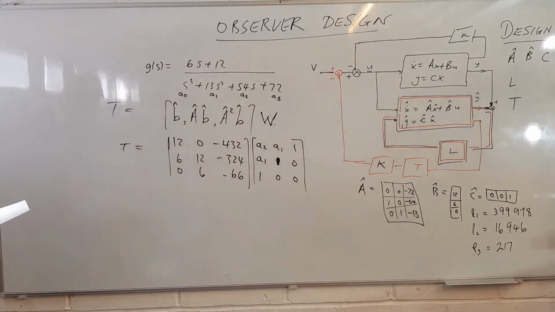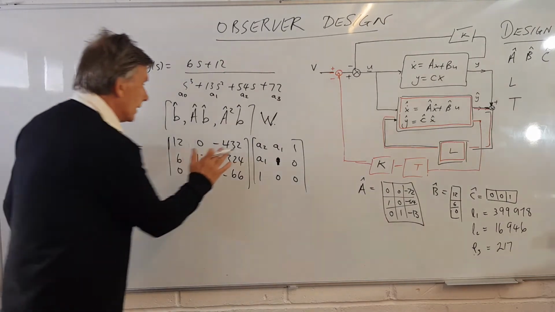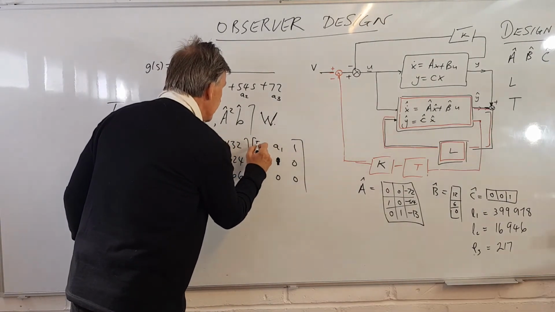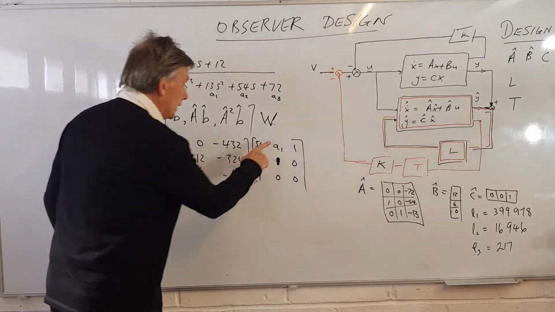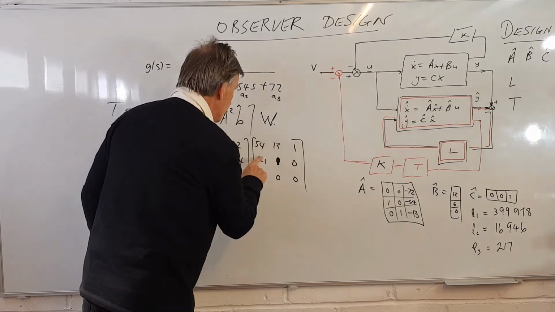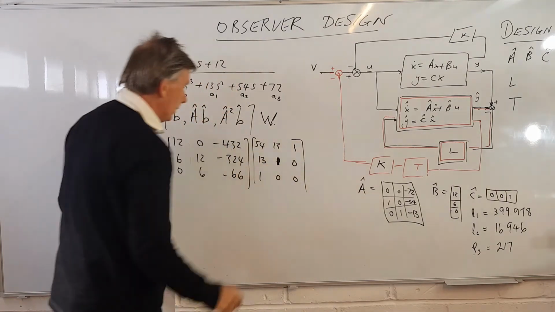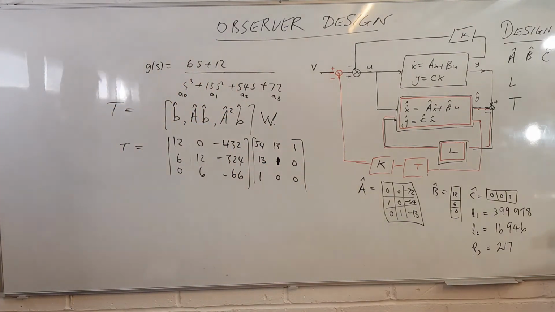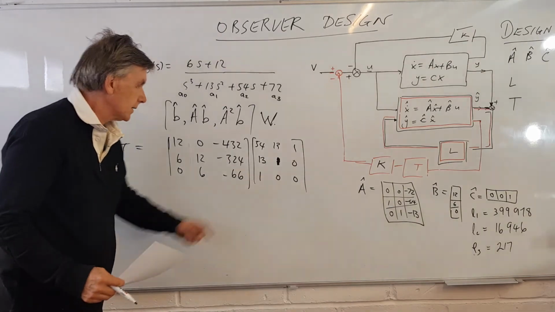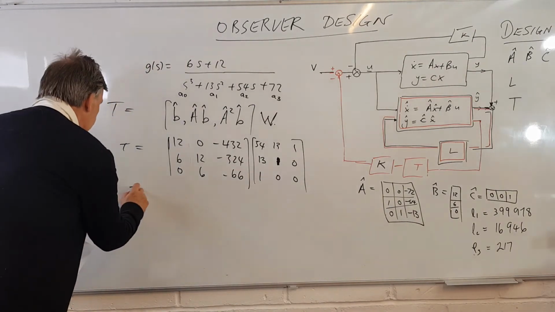So we'll have to pick up those parameters now from this matrix. So A2 is clearly 54 and A1 is 13. So there's the equation now for T. So we can now multiply this by this and then we'll get the T matrix.